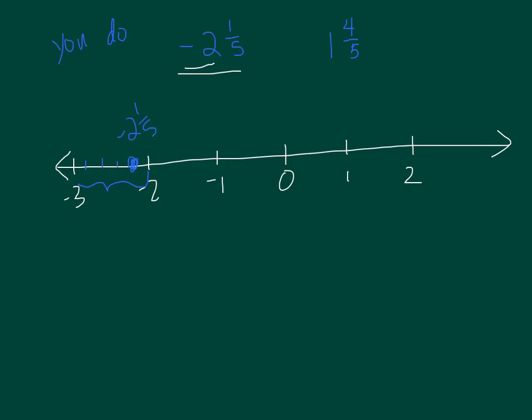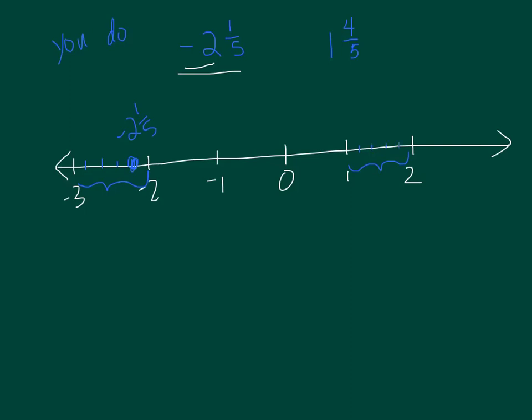For positive 1 and 4/5, I go to positive 1, and I made it to positive 1, but I have not made it to positive 2, or else it would say so there. So my answer is going to be somewhere in between the 2. I know that between 1 and 2 it is broken into 5 equal pieces because my denominator says so. 1, 2, 3, 4, 5.